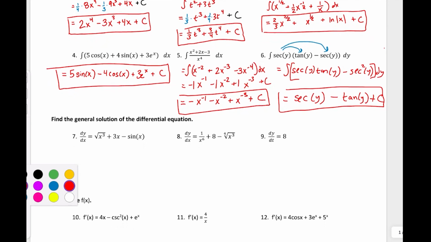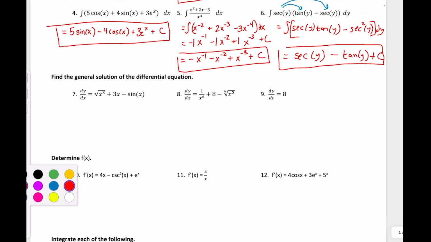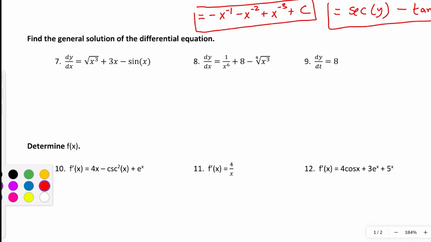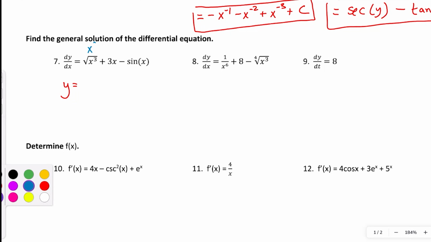All right, moving on. Finding the general solution of the differential equation. This is just a little bit more practice with what we did last time, and a few transcendentals thrown in here and there. So y is going to be, now I'm going to just right above here, rewrite this as x to the 3/2, just as a little reminder that I'm still going to use power rule on this one.